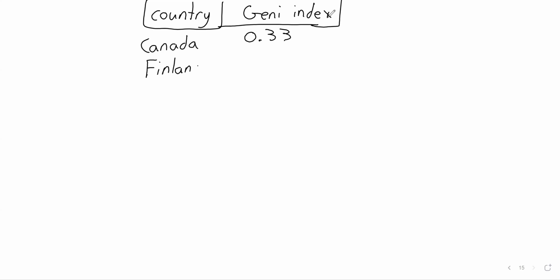Finland and a lot of countries around there have even less, about 0.274. The USA is sitting at about 0.411.